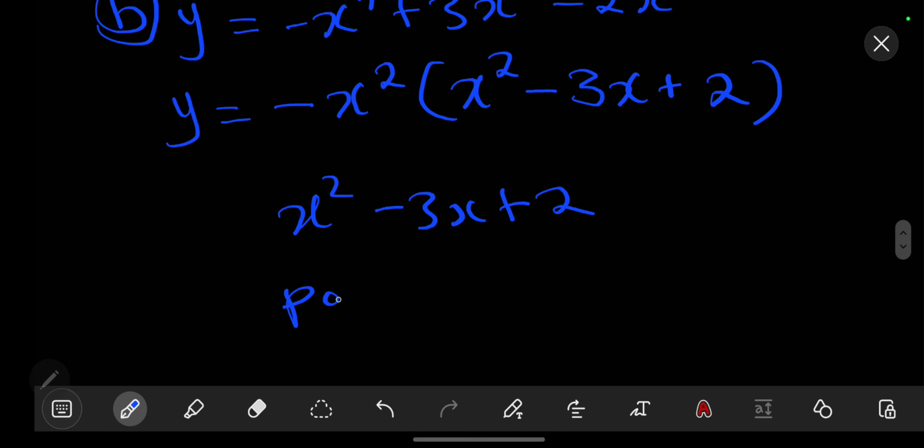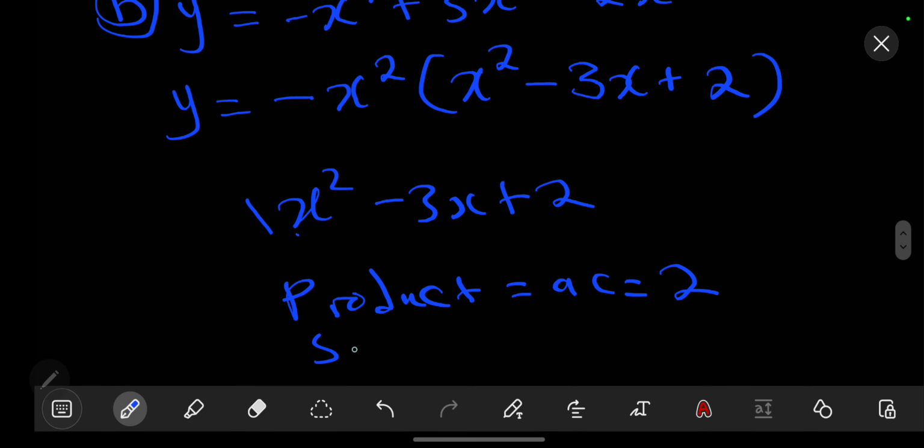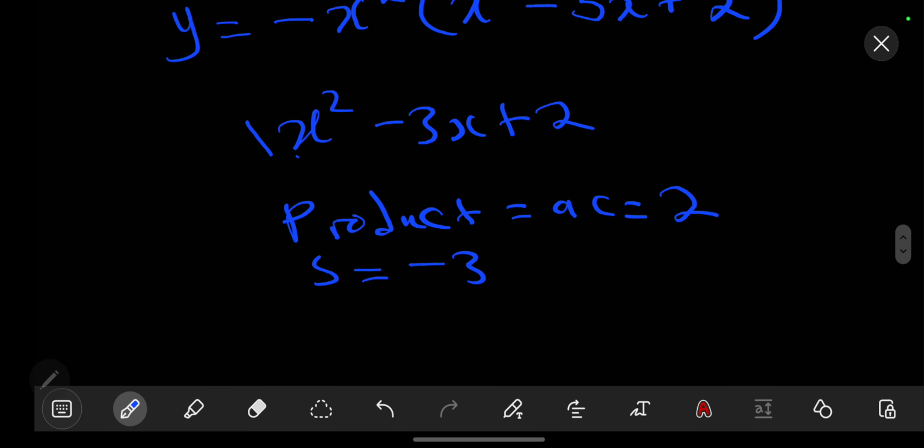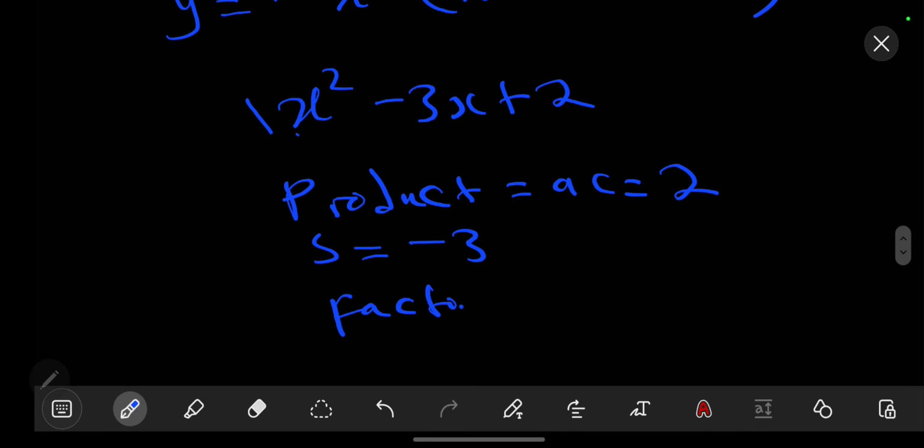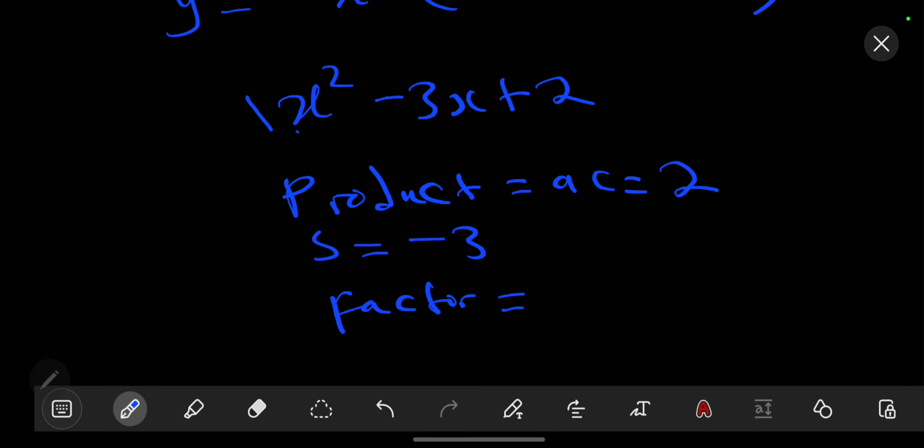So our product, which is equal to AC, should be equal to 1 times 2, which is a 2. Our sum is equal to a -3. Our factors are equal to a -2 and a -1, like that.